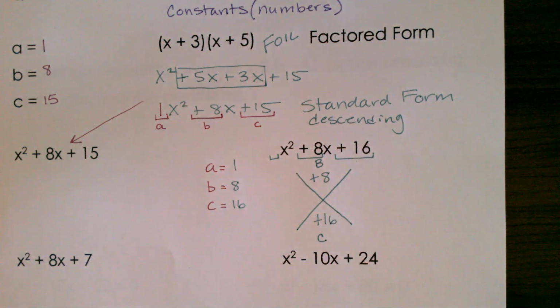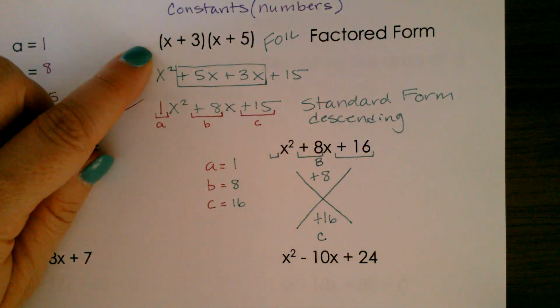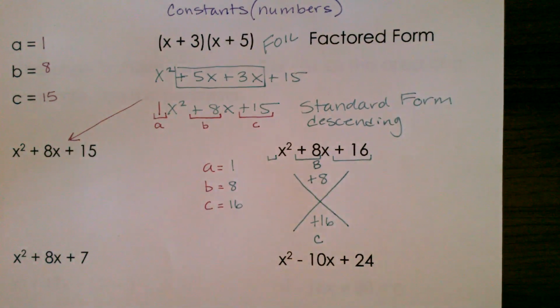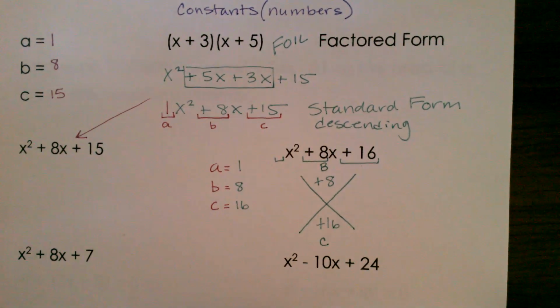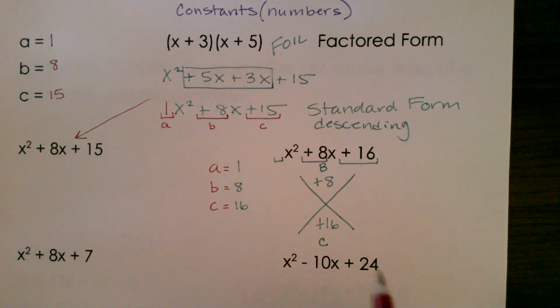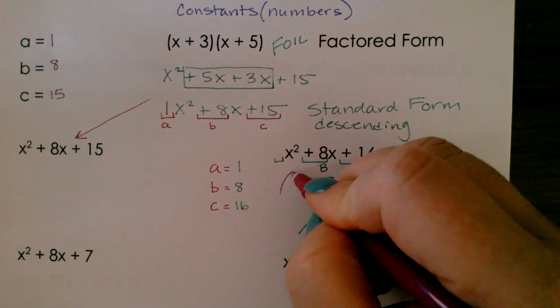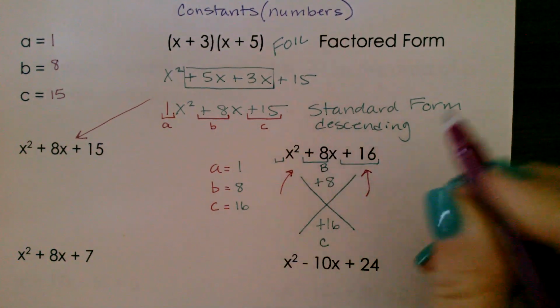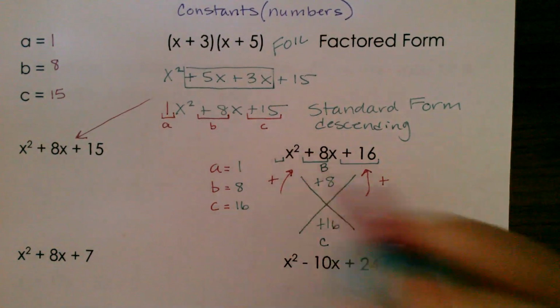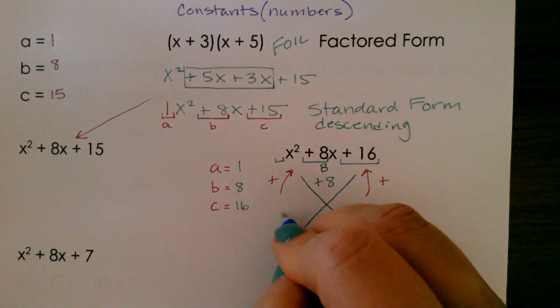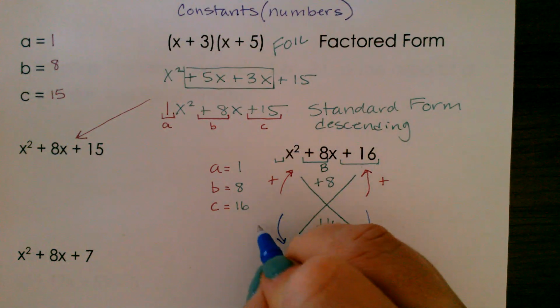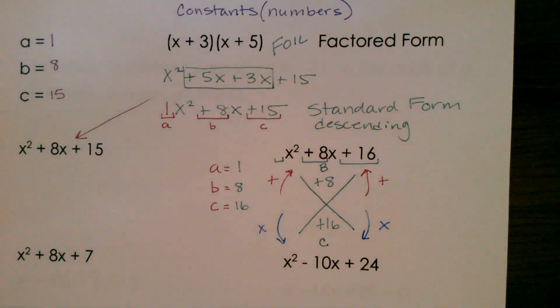Now, our goal is to get back into factored form. I can't group this. There aren't greatest common factors. So what I need to do is look for two numbers that add to 8, but at the very same time, those two numbers are going to multiply to 16.